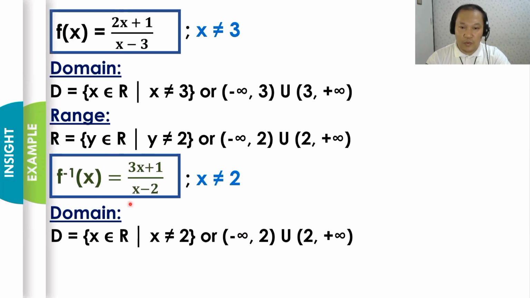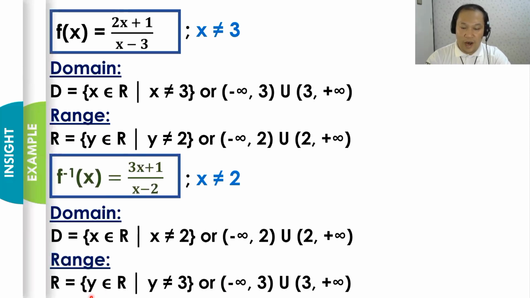Applying the horizontal asymptote concept, our quotient here will be positive 3. Therefore, the range will be y is an element of the real numbers such that y is not equal to positive 3, or by notation, negative infinity to positive 3, union 3 to positive infinity, with open parentheses.